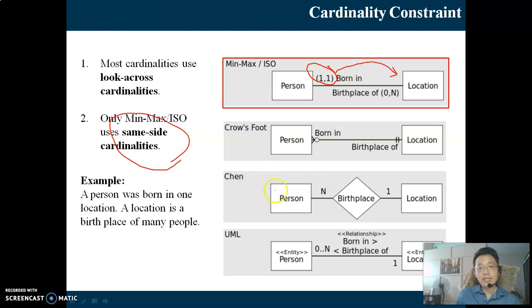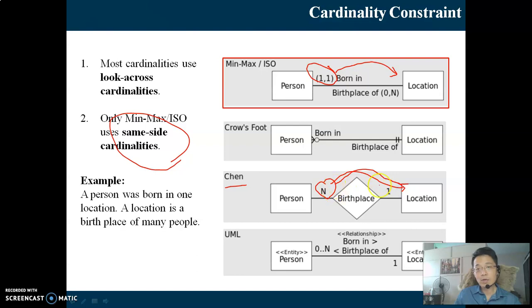Now, in chain notation, it uses look across cardinality. In which case, any number of person can be born in only one location. So we have to look across. One person, any number of person can be born in any one location.